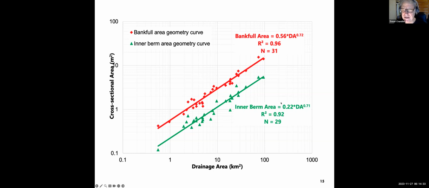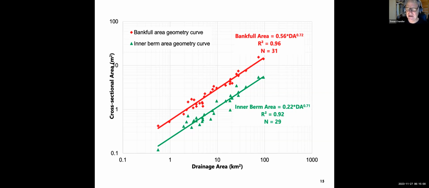And R squared not quite as high as the R squared for bankful area, but still not too bad. So there's definitely something going on there, this feature here. If the inner berm area was ever used in a stream restoration, it would give you an idea how to size that smaller than bankful feature that gives the channel a little more definition to convey those lower flows.